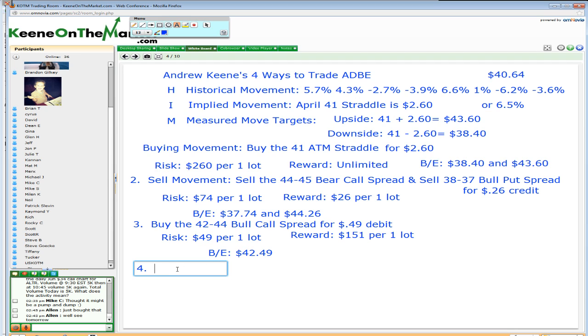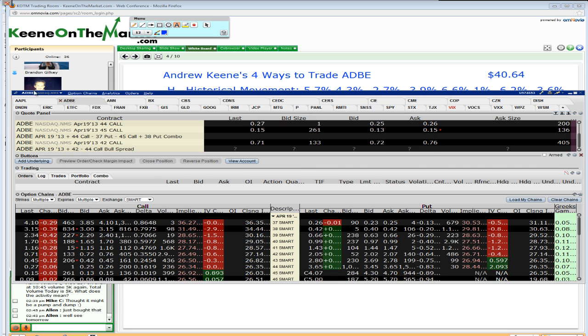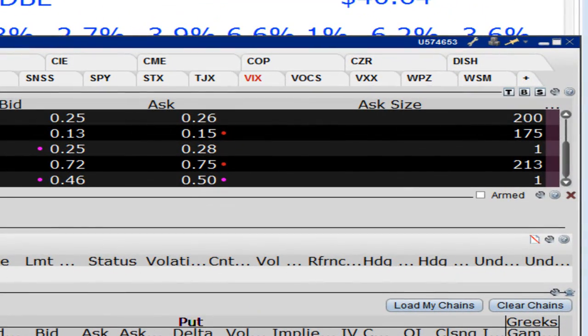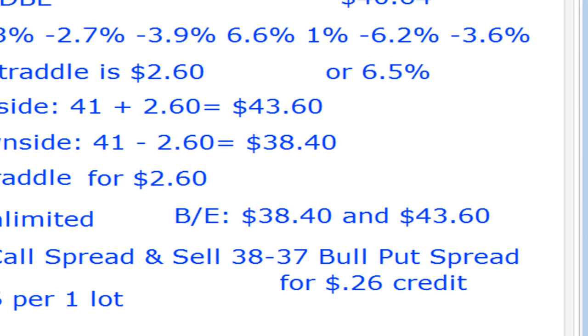Okay, I would buy the 40.38 bear put spread, and I could probably do this for around the same price, around that 50-cent level. Let me bring it up. This would cost me 58 cents or $58 per one lot. So 58-cent debit.